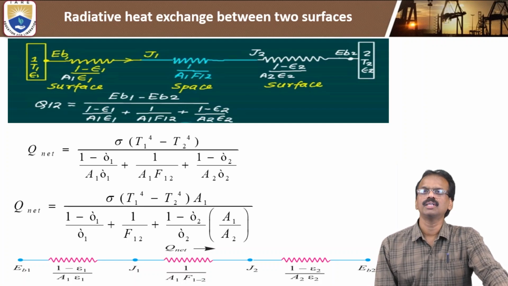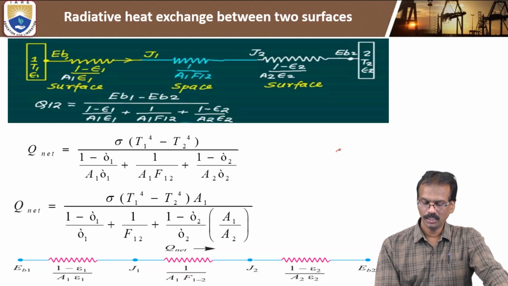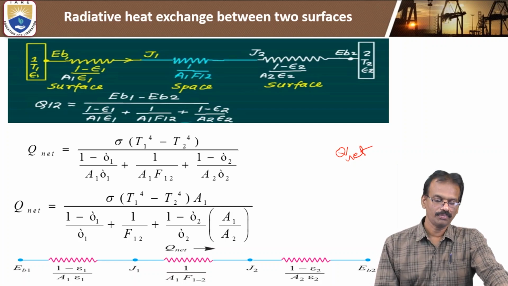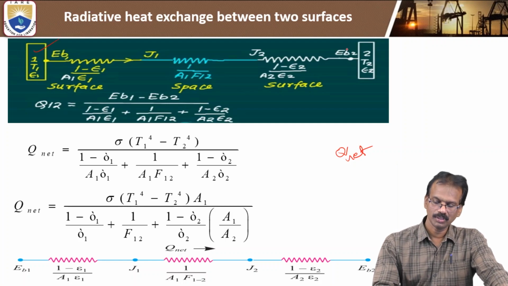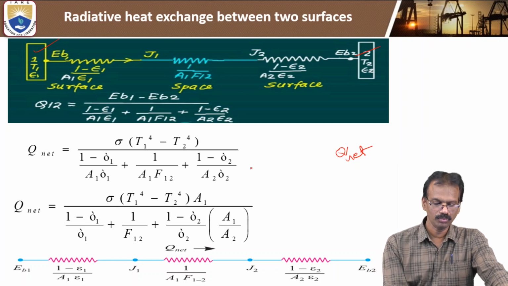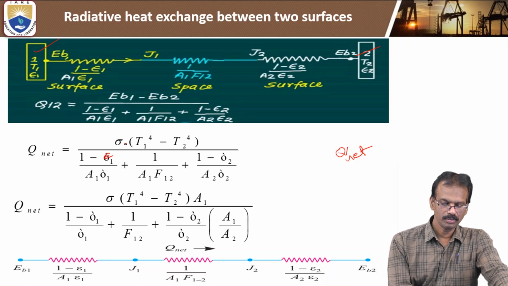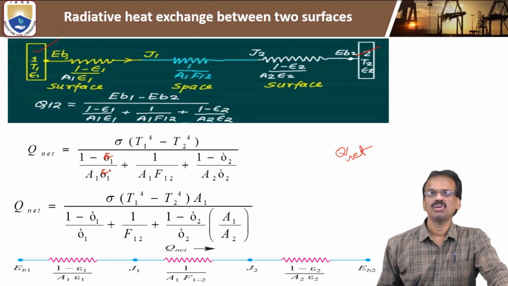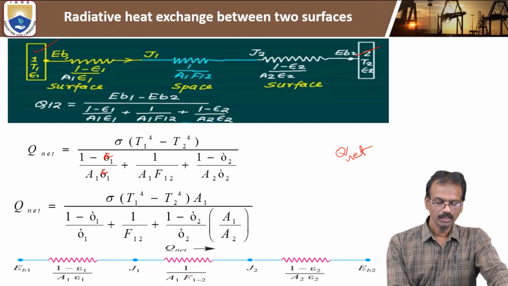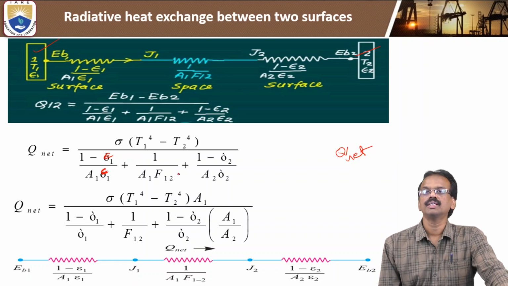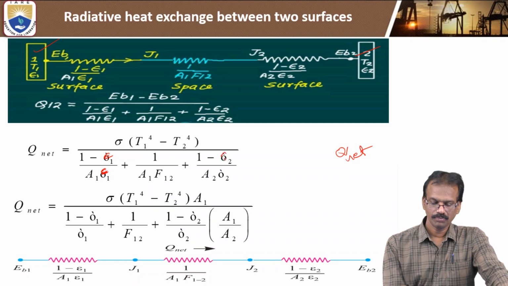We already derived the Q net, which means the rate of heat transfer between two surfaces. We already covered this one. The final formula is Q net equal to sigma (EB1 minus EB2) divided by, 1 minus epsilon 1 by A1 epsilon 1, plus 1 by A1 F12, plus 1 minus epsilon 2 by A2 epsilon 2. So this is the formula.